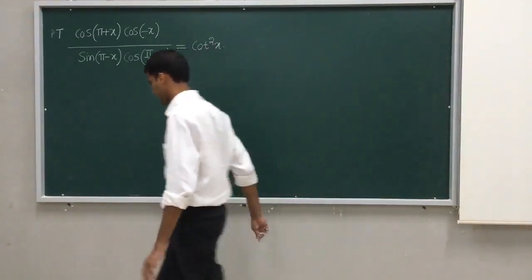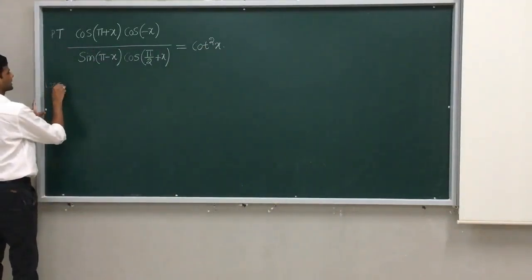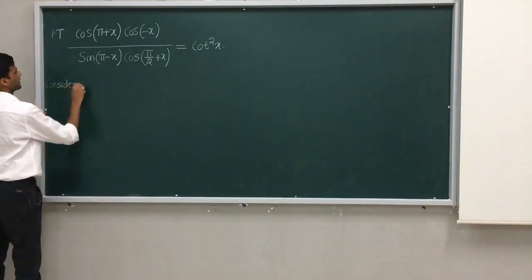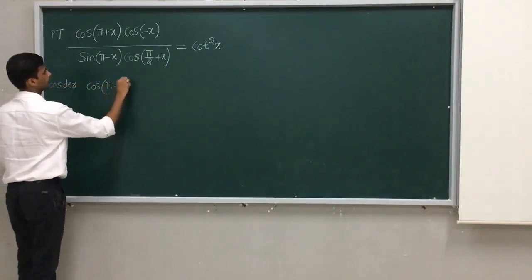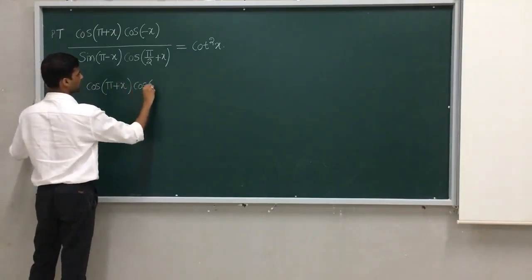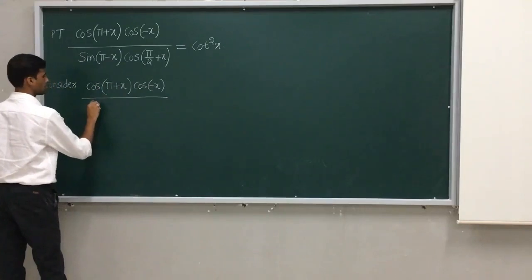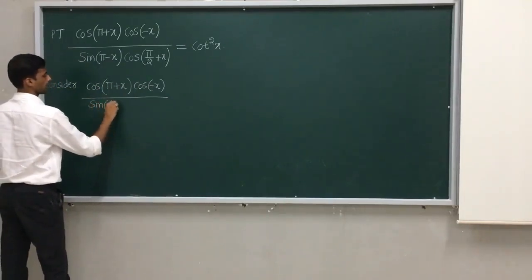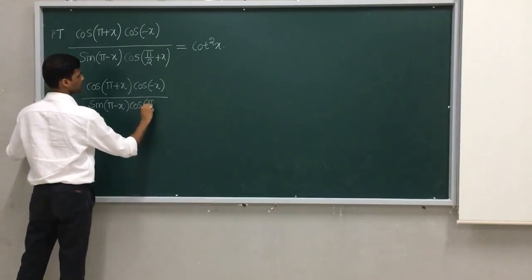What I will do here is consider the left hand side as it is: cos of pi plus x into cos of minus x divided by sin of pi minus x into cos of pi by 2 plus x.